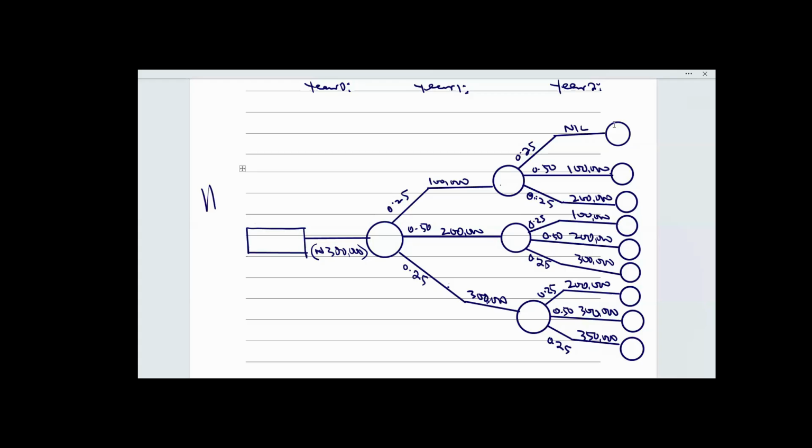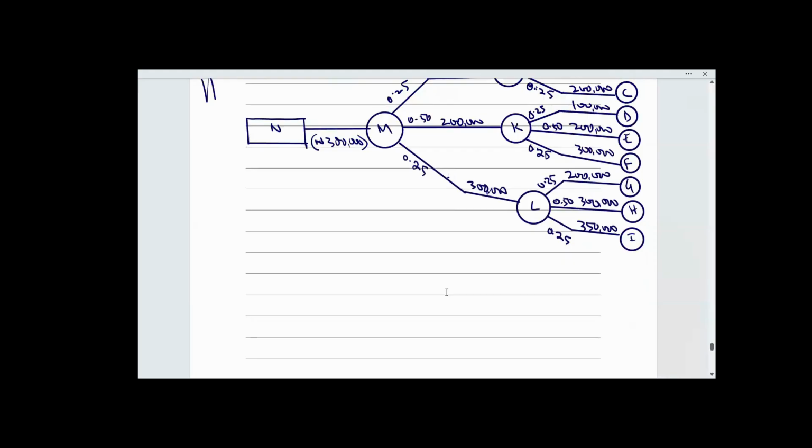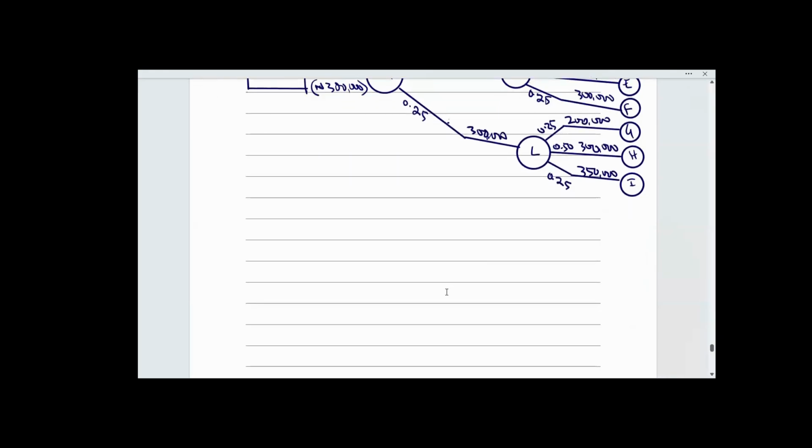So let's use alphabetic: A, B, C, D, E, F, G, H, I, J, K, L, M, and N. So we are going to calculate NPV for all the nodes. Without wasting time, let's start. I'm not coming back to this question next week, so I have to finish it. Wherever we finish today, that's it.